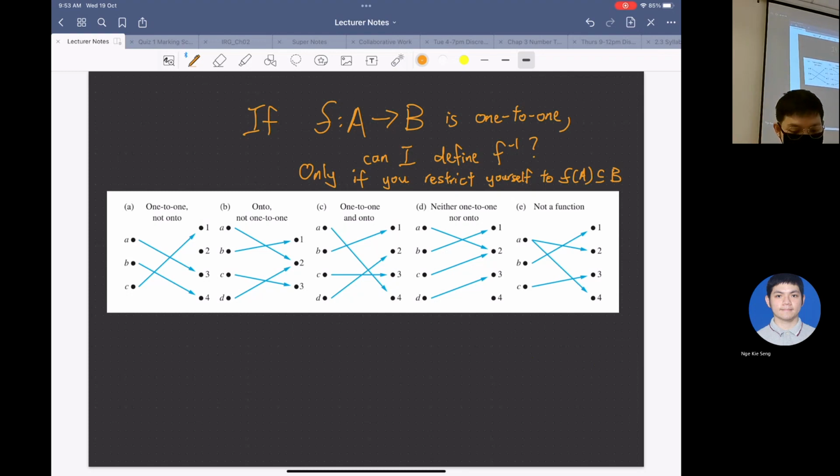If you look at a smaller set, for example, for this table here, if you throw these two out, then you can define the inverse function. Otherwise, this one has no arrow. I don't know where to go.